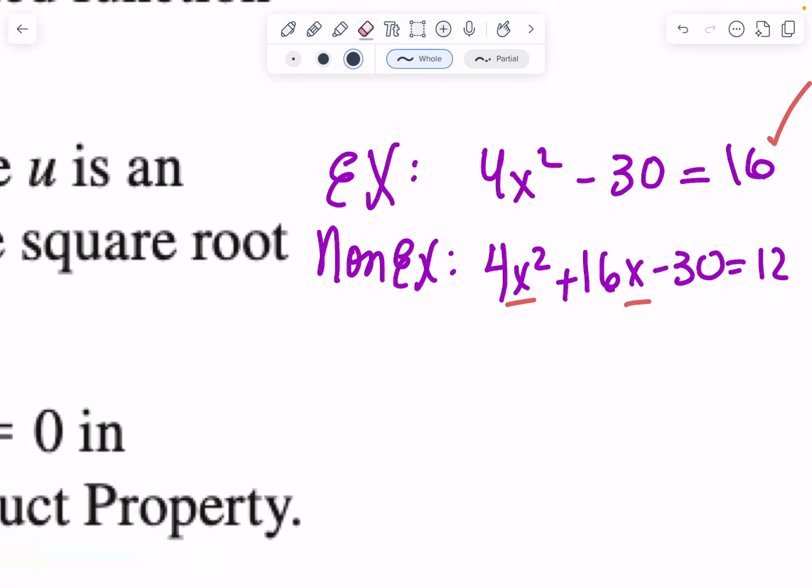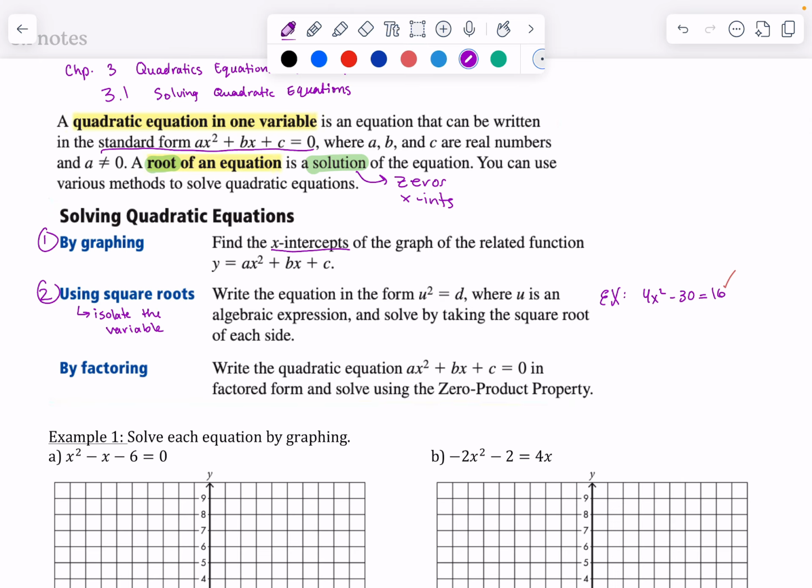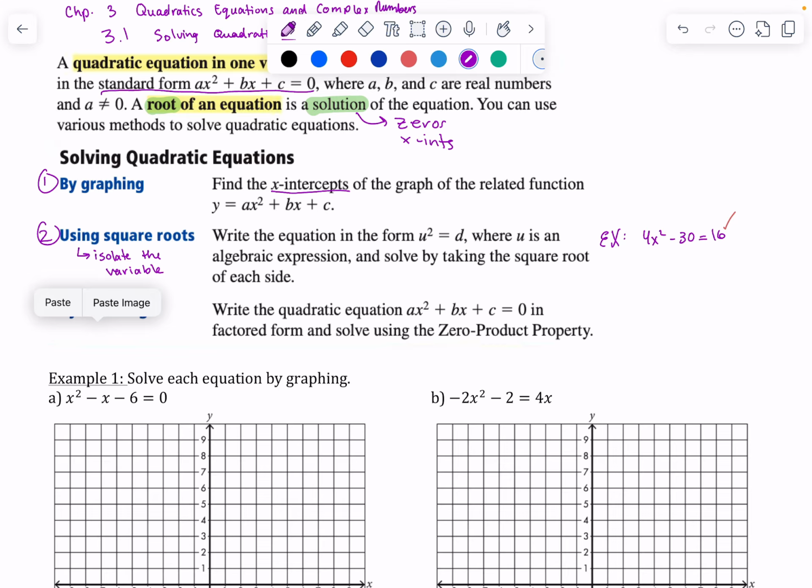So isolating the variable or using square roots does not work there, okay? The last method is factoring. In this case, you make sure that the equation is set equal to 0, you factor, and then you solve using the zero product property, which we will look at later, okay?